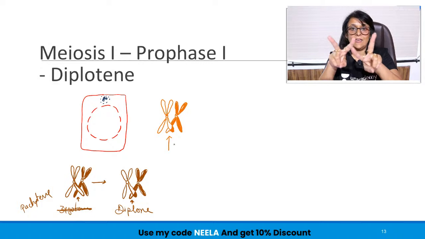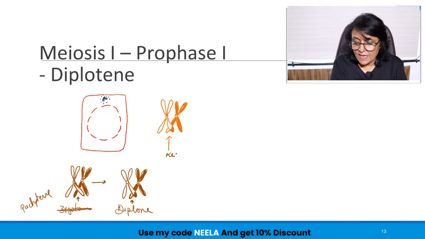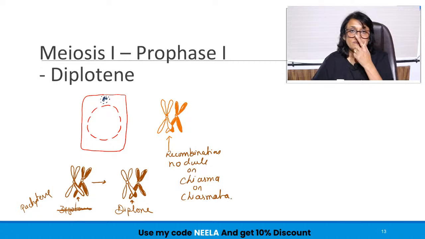In Diplotene, these non-sister chromatids actually fuse here, and this point is called recombination nodule or chiasma or chiasmata. The synaptonemal complex is still there, and this was the purpose for which those synaptonemal complexes or those threads were formed, so that this exchange of genetic material takes place.